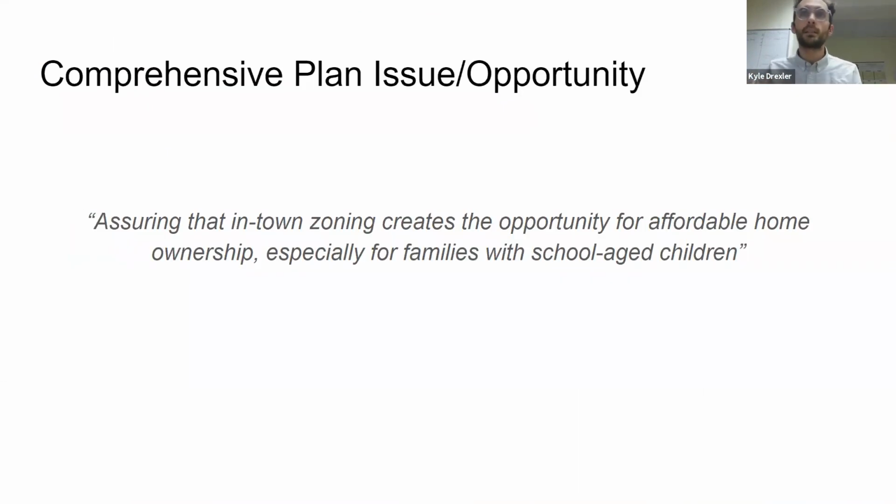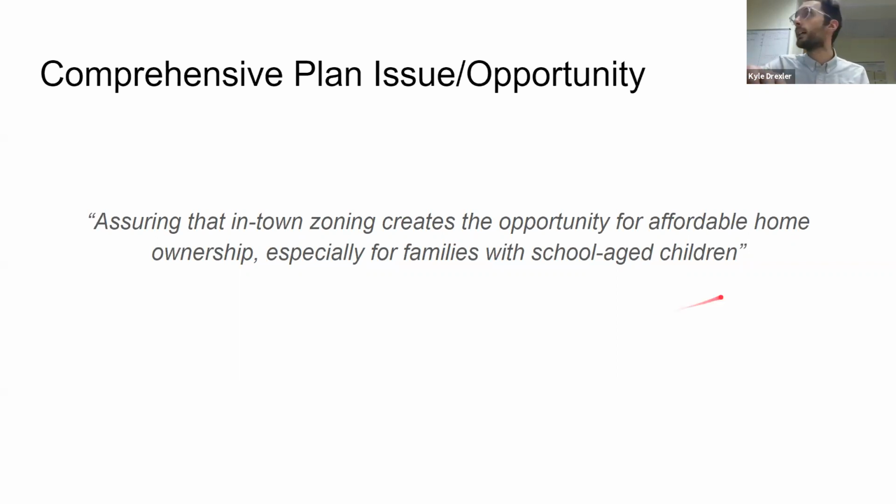The comprehensive plan, adopted in 2015, had a vision of taking different steps to assure that in-town zoning creates the opportunity for affordable home ownership, especially for families with school-aged children.